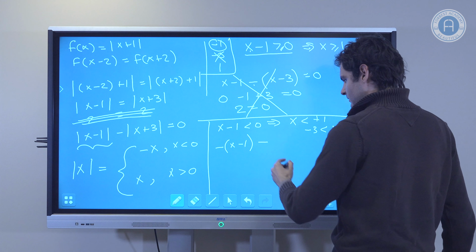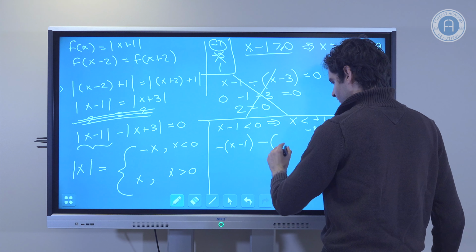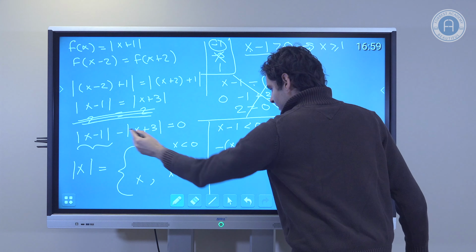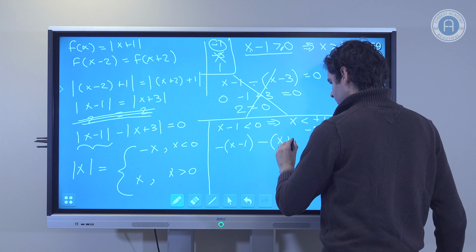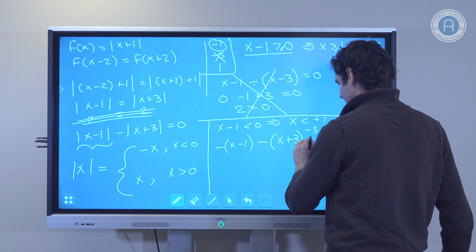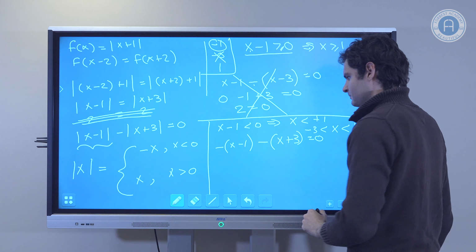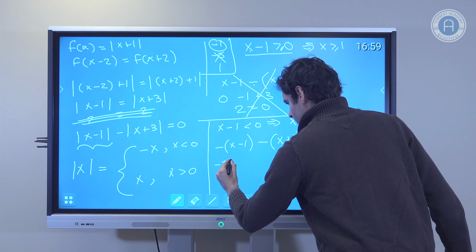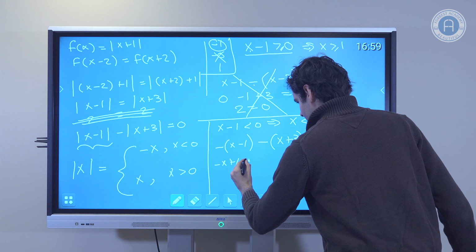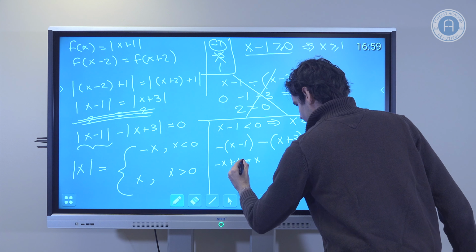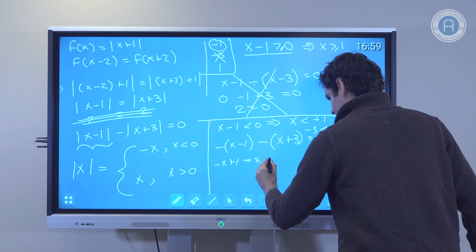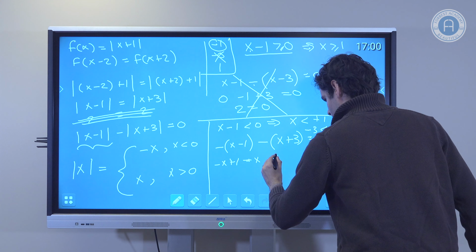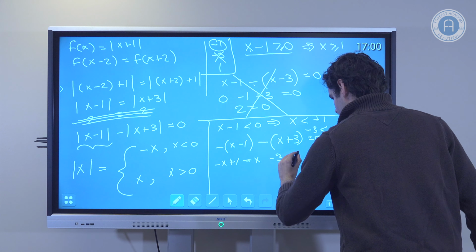Okay, if we do that, then minus, that minus was already there, right? x plus 3, and that should be equal to 0. So simplifying this, we're going to have minus x plus 1 minus x minus 3 is equal to 0.